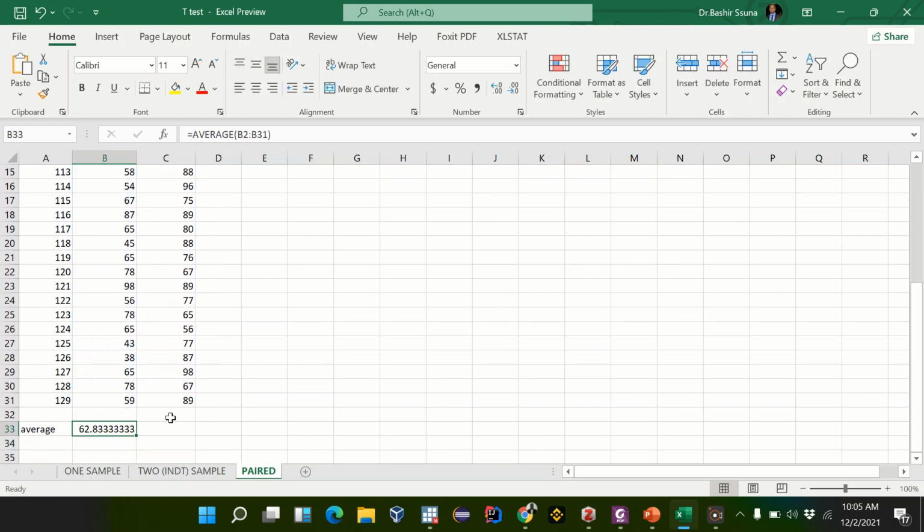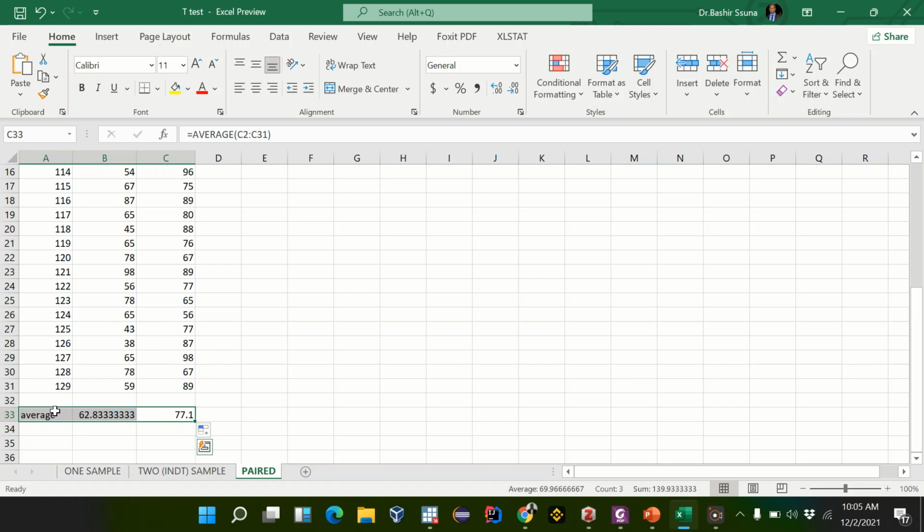This is 62 point something, and the average of the other, you just shift to this side, is 71.1. You see that the mean mark of the repeat is bigger than the first one, but we want to see if this difference is statistically significant. They could be different, but in statistics they may be almost the same. They don't make any difference. So we want to prove beyond that doubt.